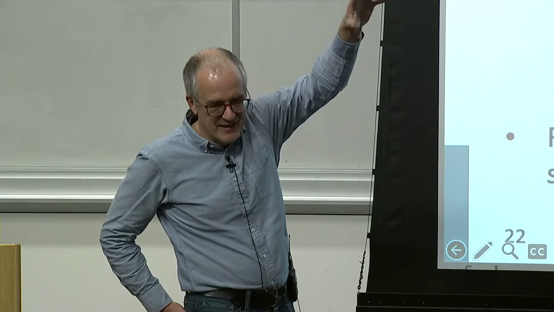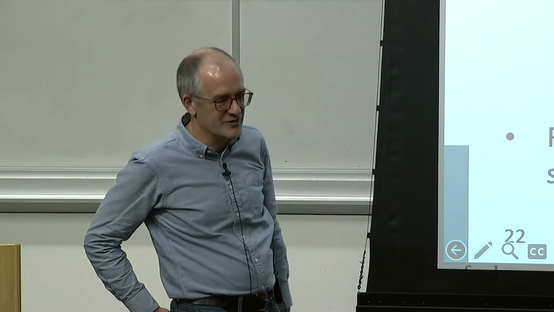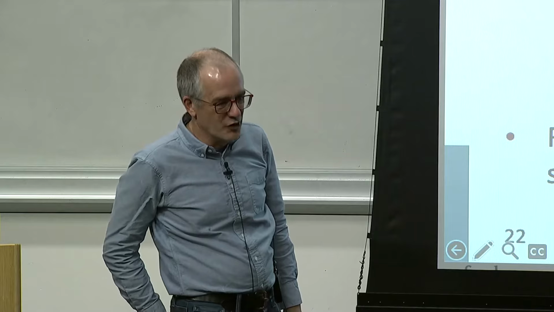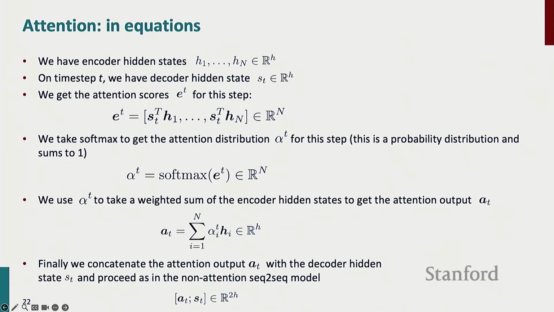Typically that means multiplying that vector by another matrix and then putting it through a softmax to get a probability distribution over words to output, and choosing the highest probability word. Okay, that makes sense, I hope.